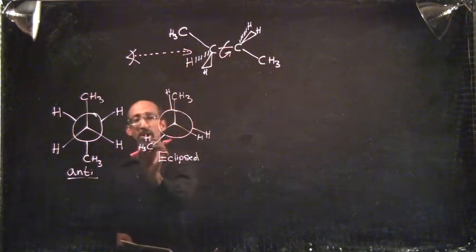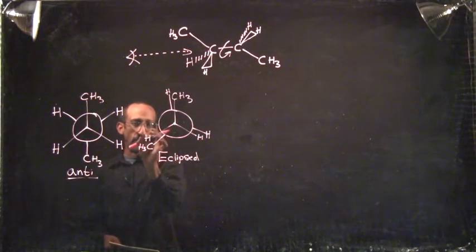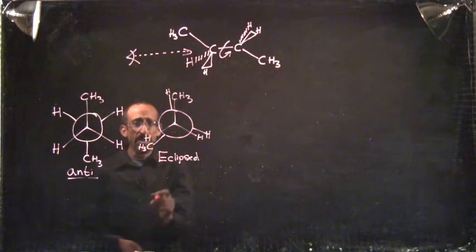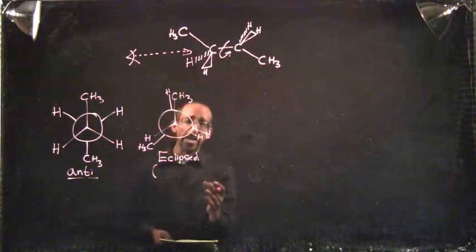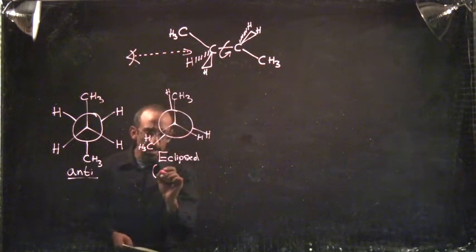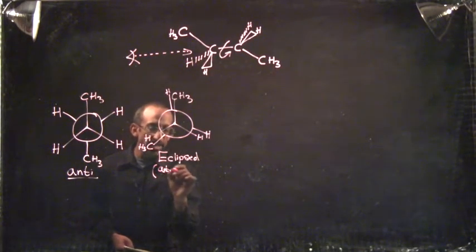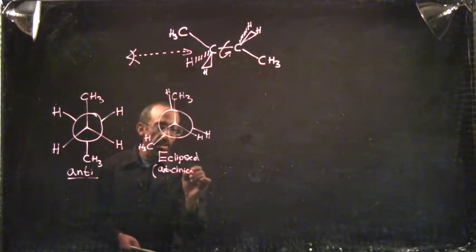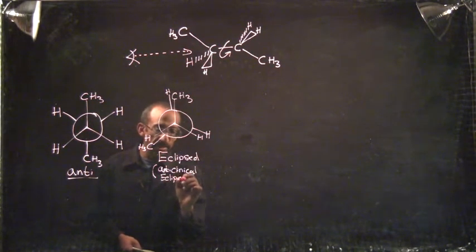We have a bulky group eclipsed by a not so bulky group, or a small group, a hydrogen. The technical name for this conformation, which I'm providing if you're interested, but I don't expect you to memorize and use, is actually called anti-clinical eclipsed.